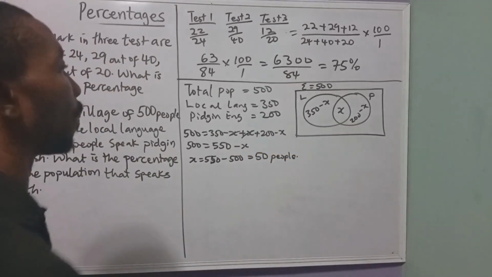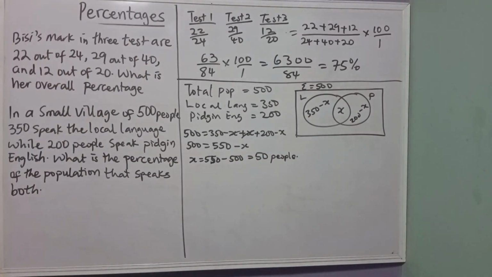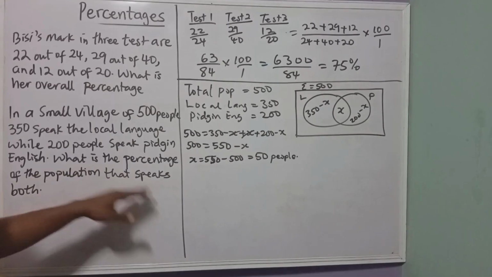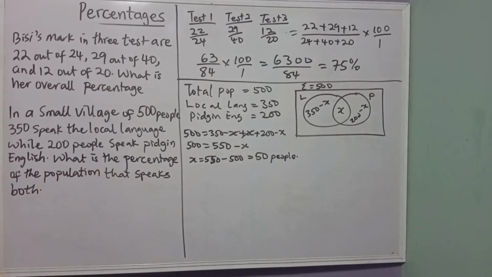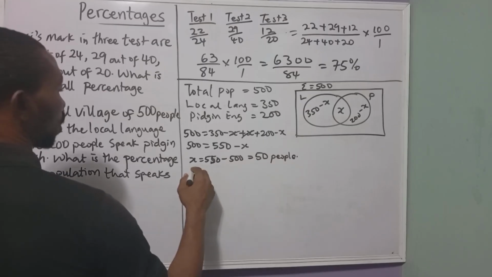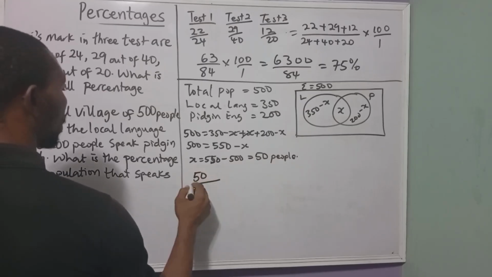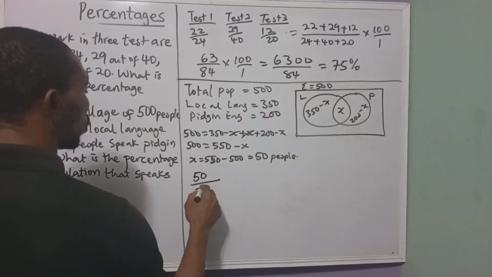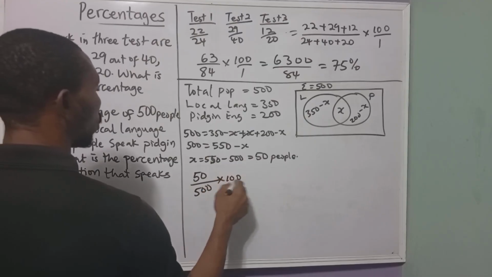So since 50 people speak both languages, that is both the local language and the Pidgin English, now we are asked to find what percentage of the population speaks both languages. So the percentage is the population that speaks both, 50, all over the total number of people, 500, times 100 over 1.